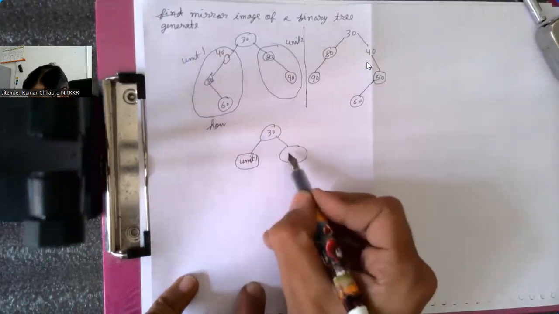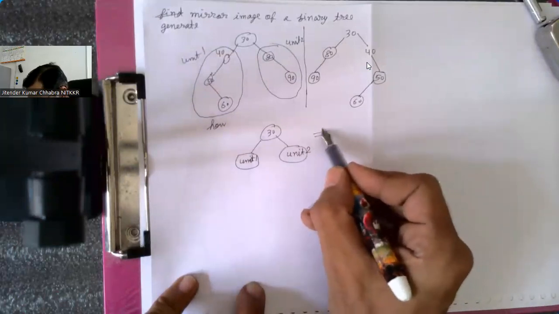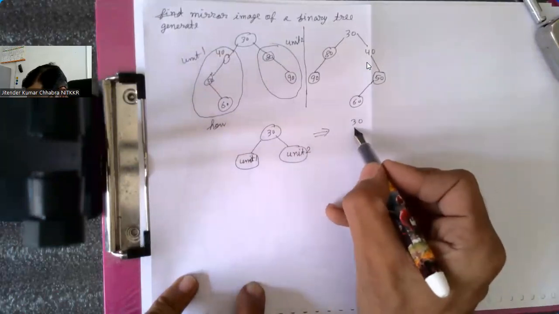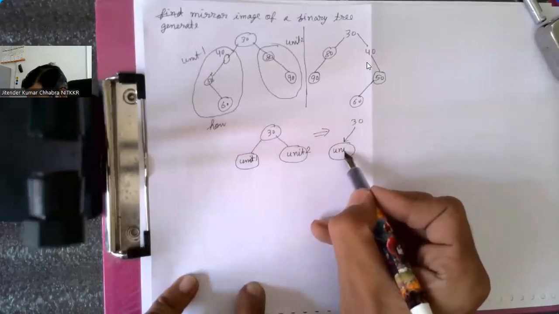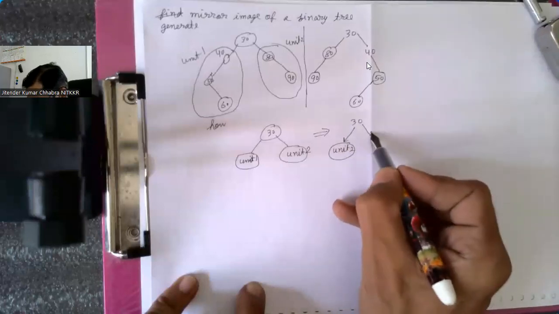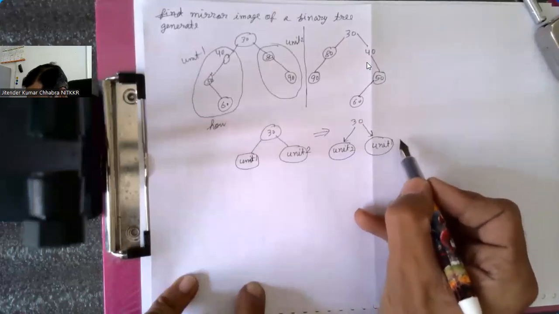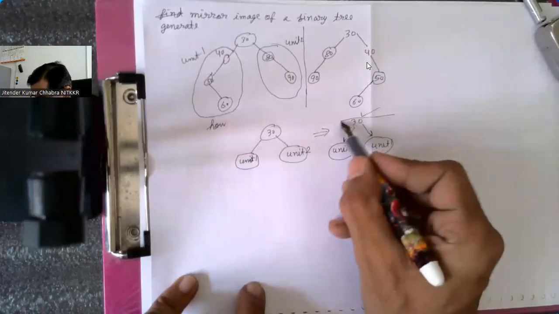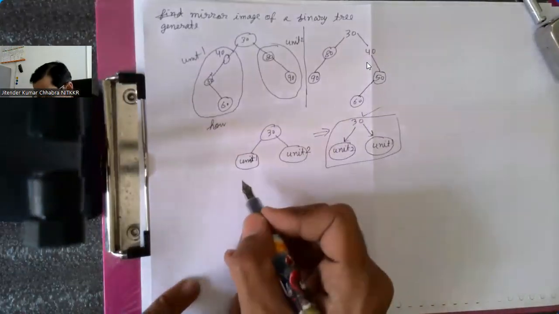This side you have unit 2, which is recursively solvable. Effectively, 30's left side should become unit 2, and 30's left side should become unit 1. And having said that, effectively my mirror image is ready. So I don't write further.